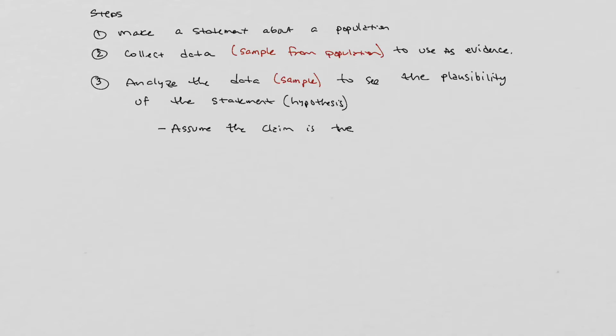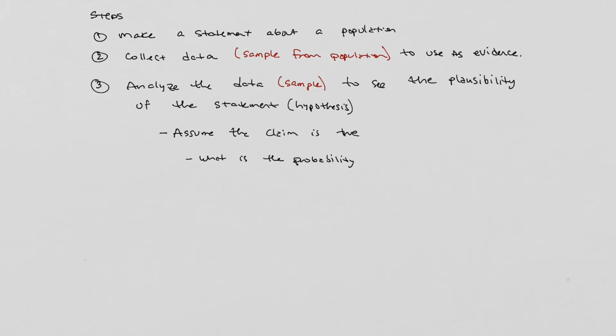So let's assume that it's true, and then we're going to collect our data and look at that sample and ask ourselves this question: if the statement is true, what is the probability that we would have generated this sample?